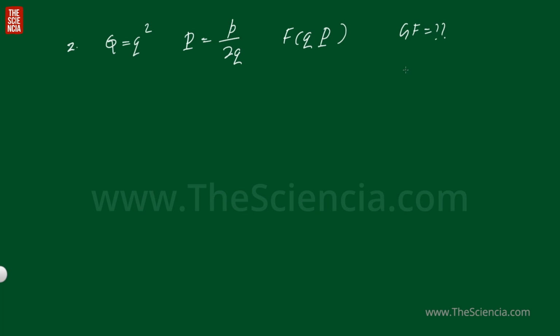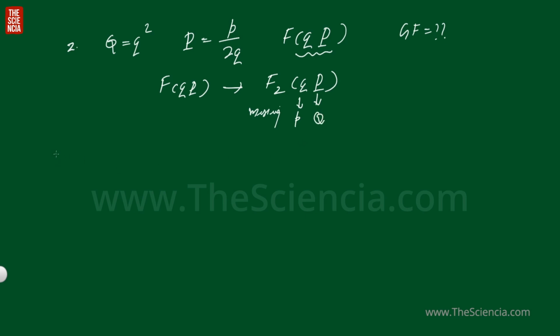So it is given that the generating function is a function of small q and capital P. So what is the first step? Here we know the given function is a function of q and P. That is, this is nothing but f2, right? And the missing coordinates are P and the other is Q, right?